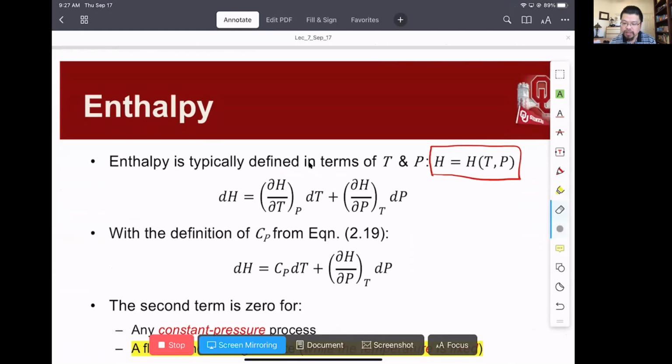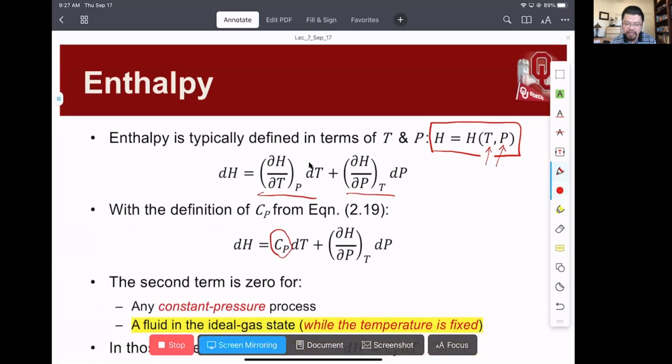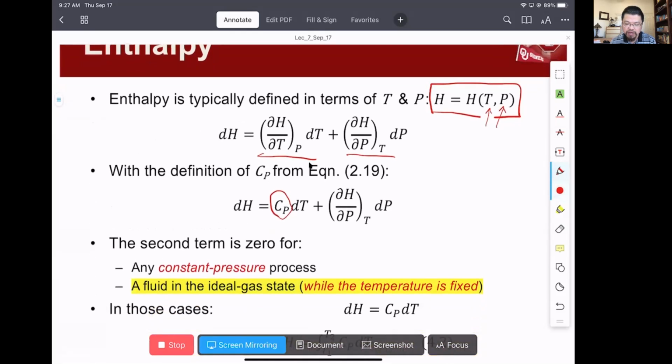So that would be the choice of two independent parameters. Then we take the full derivative on both sides. We have the dH over dT and dH over dP terms. And very similarly, we use the definition of specific heat, C sub P, to replace the first partial derivative.